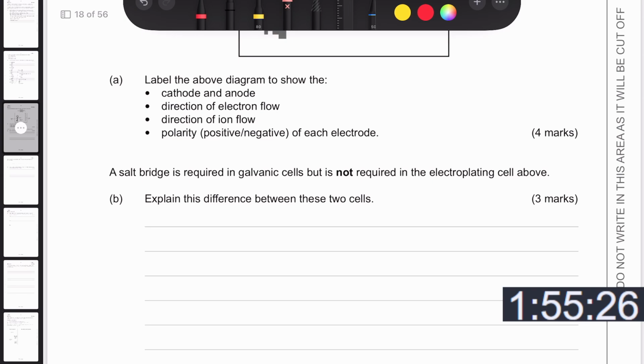A salt bridge is used in galvanic cells, but it's not required in an electroplating cell. Explain this difference between the two cells.